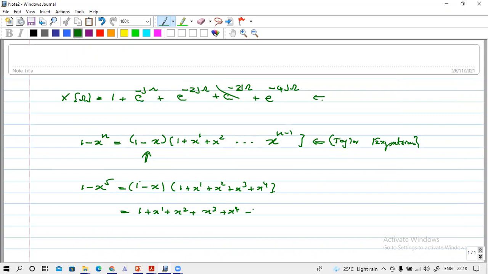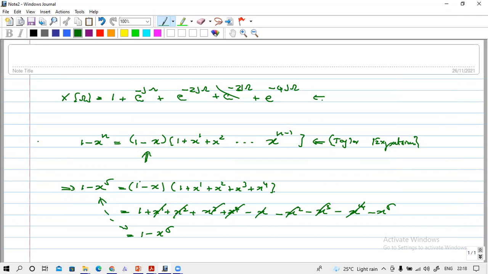So you have here minus x square, minus x to the power 3, x to the power 4, minus x to the power 5 or something. So you can see that x1, x2, x3, x4 cancel out, and you will have 1 minus x5. So this side is equal, no? So you can write in this way, definitely.